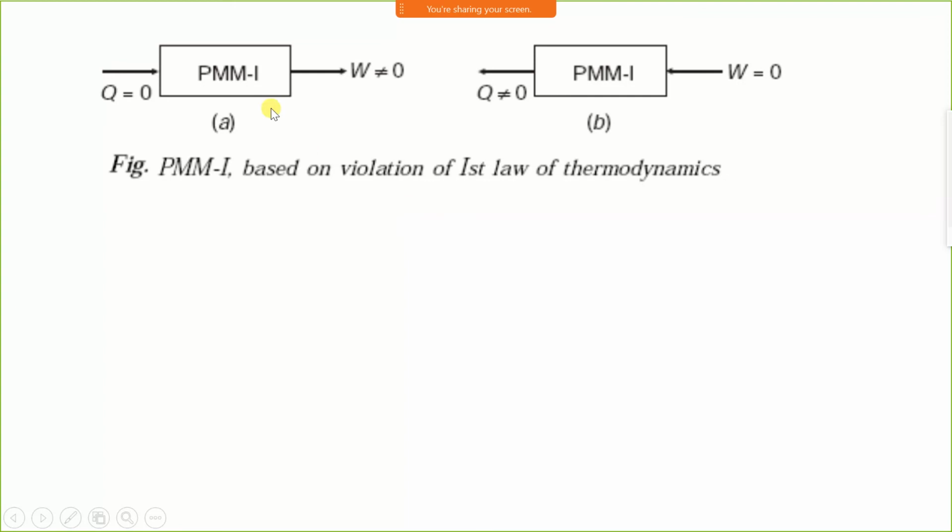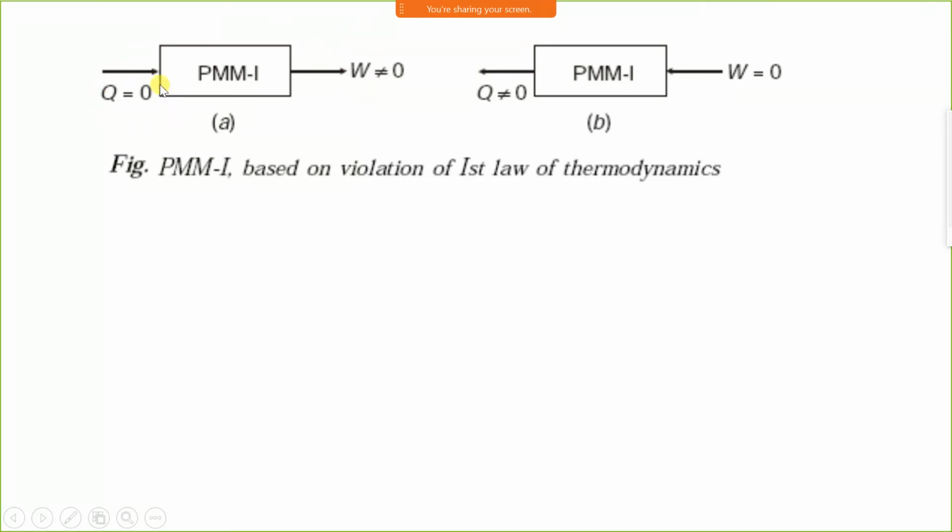This is perpetual motion machine 1. Consider diagram 1 of PMM 1. Perpetual motion machine 1 is a machine which violates the first law of thermodynamics. The first law says when we supply the heat, it gives the work done. Perpetual motion machine 1 is the machine which can give work continuously without absorbing any heat.